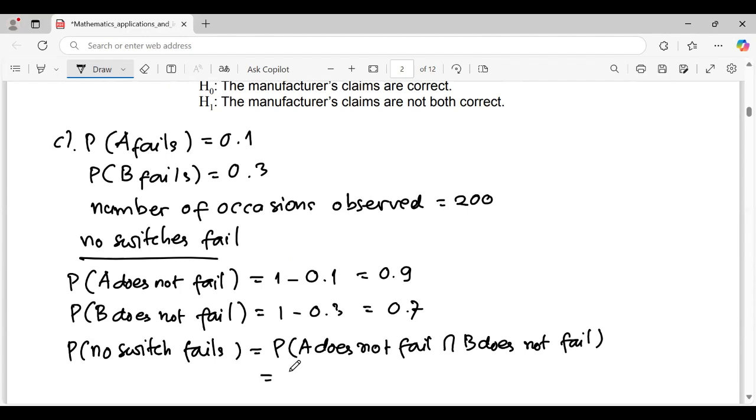The intersection means 0.9 times 0.7 equals 0.63.